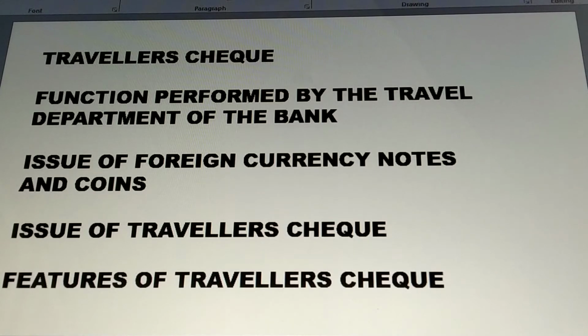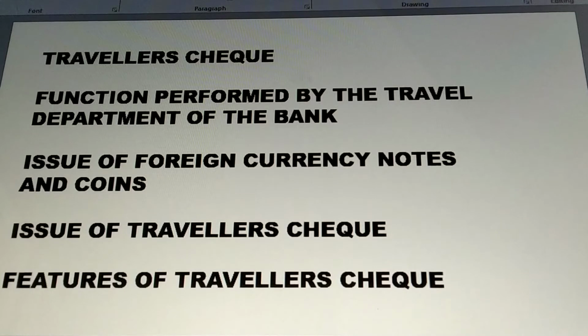Maybe he needs notes as well as coins. For that, he can approach the travel section of any commercial bank, and obtain the required foreign currency in notes and coins from the travel section of the given bank.